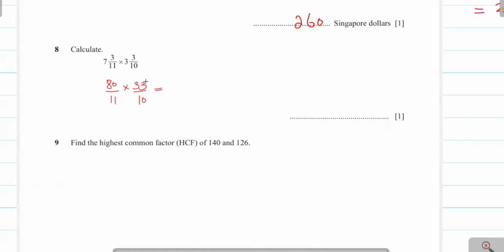Next is question number 9. Find the highest common factor of 140 and 126. We use the division method here. Now we see that both numbers are divisible by 2. Therefore, we write 2 times 70 is 140, and 2 times 63 is 126.